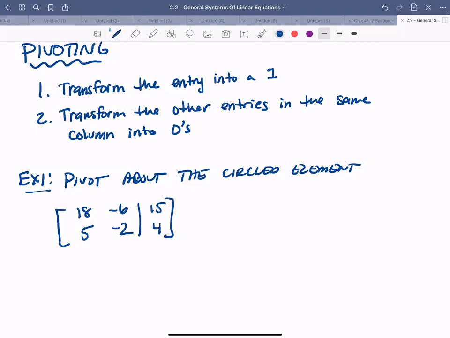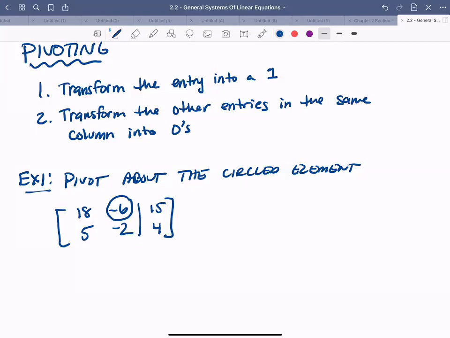Okay, so all you're doing is pivoting. It's not asking you to solve anything. We're not saying solve the system or solve the equations or anything like that. We are just saying pivot about the circled element, and we're going to pivot around this -6.